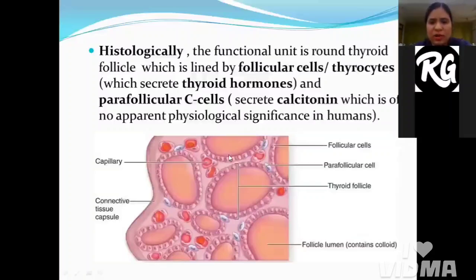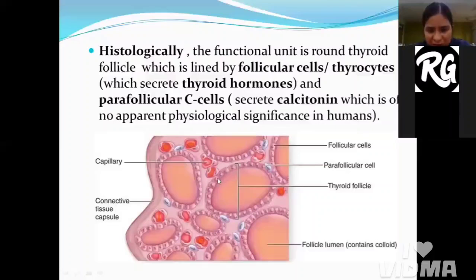When we look at the cut section of the thyroid gland histologically, the functional unit is the round thyroid follicle, which is lined by follicular cells. You can see these round structures. These are thyroid follicles. The thyroid gland itself consists of lobules, and these lobules contain the follicles.